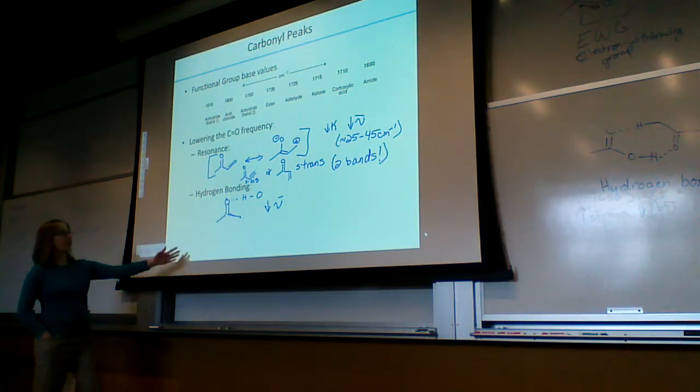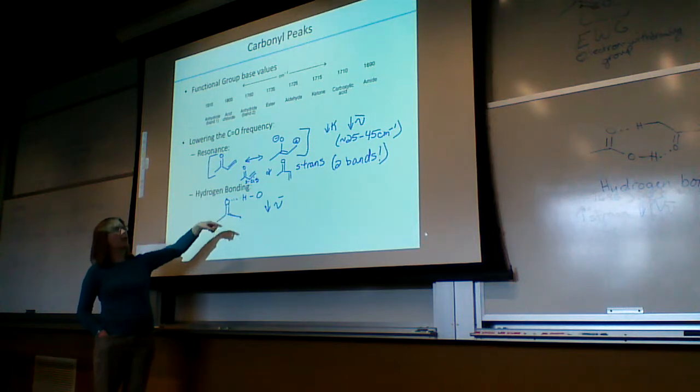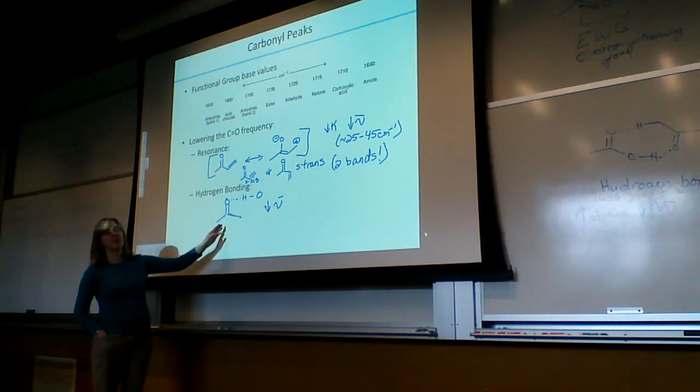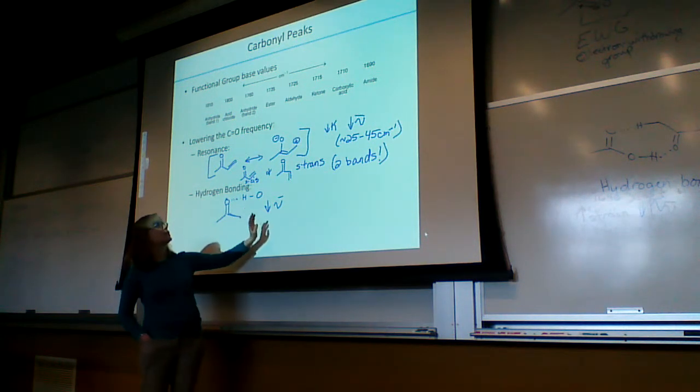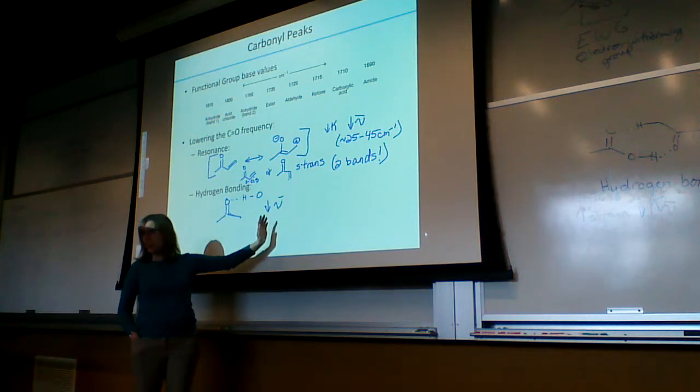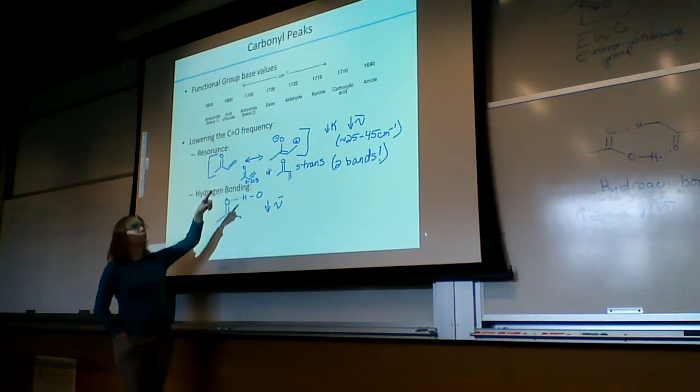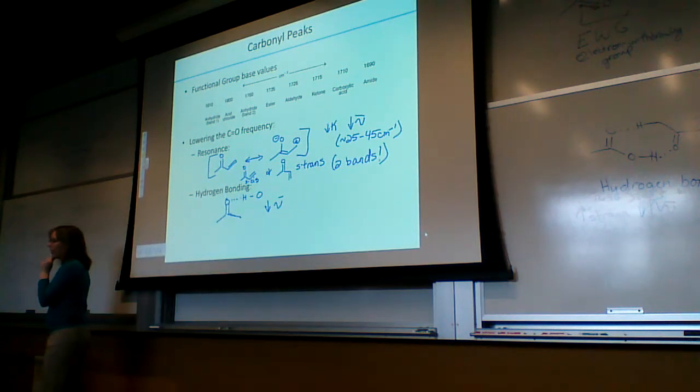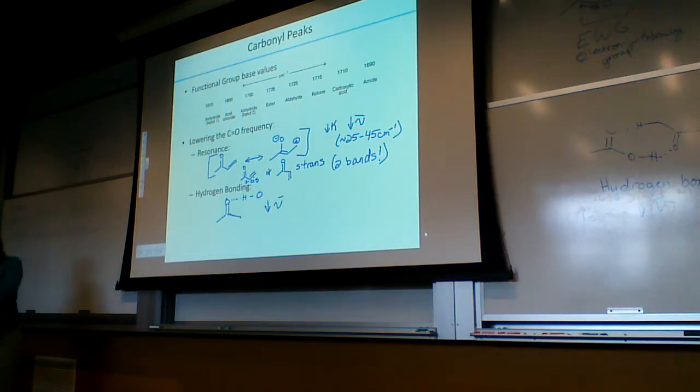So if we were looking at a ketone that had another alcohol somewhere in the molecule, instead of 1715, you may end up at 1710 or 1700, but it's still a ketone. It just has hydrogen bonding. So we've got to look at the actual numbers on the spectrum now, not just, oh, it's in the 1700 region, it's a ketone. You need to analyze it further now. I have a couple of examples of spectra on the next slide.